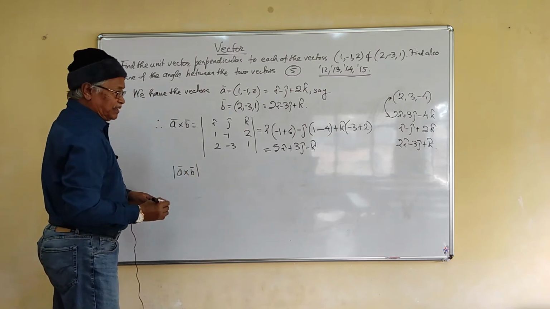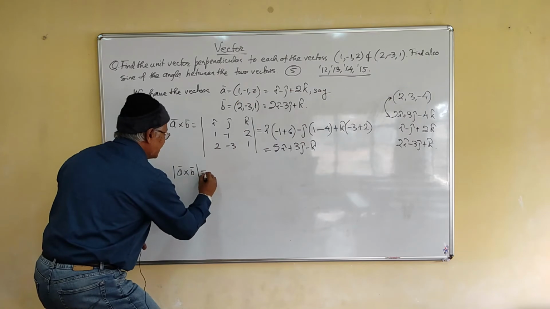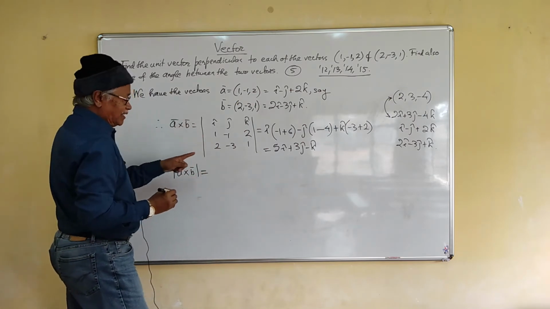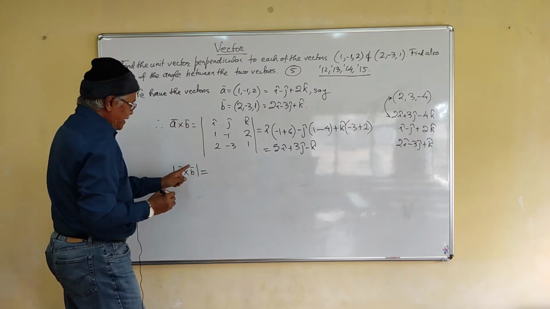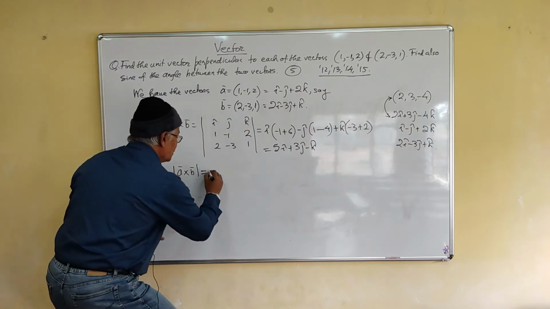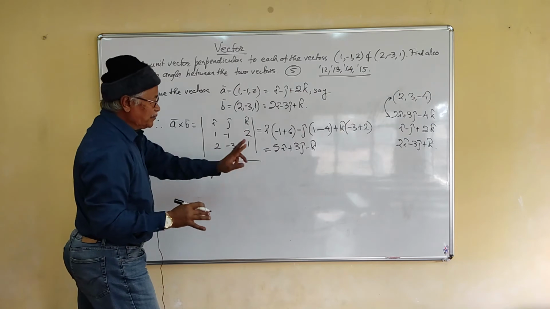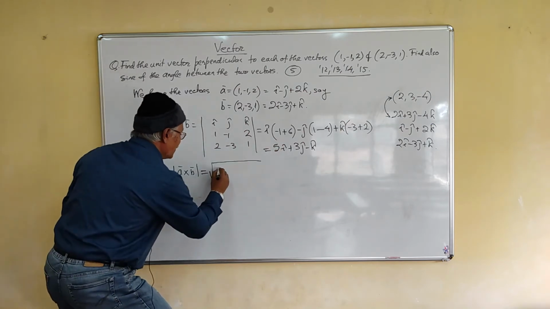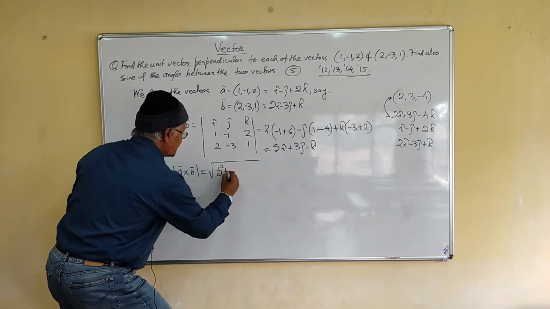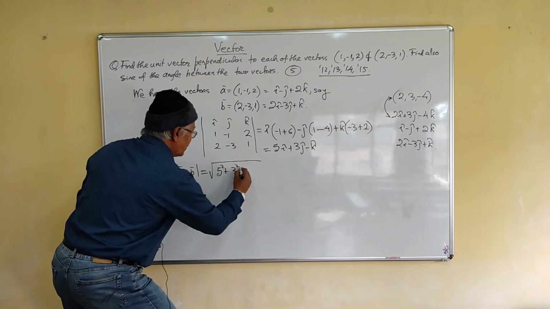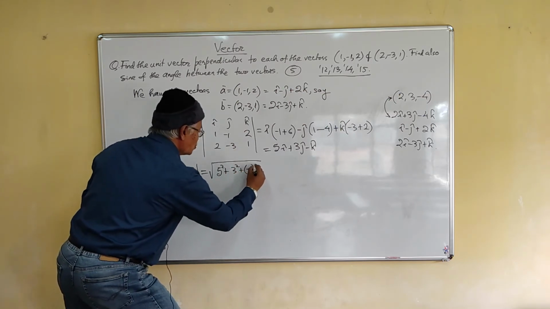The magnitude of A cross B, like we have already learned, is the square root of the sum of the squares of the coefficients of i, j, k. So it will be 5 squared plus 3 squared plus (-1) squared.